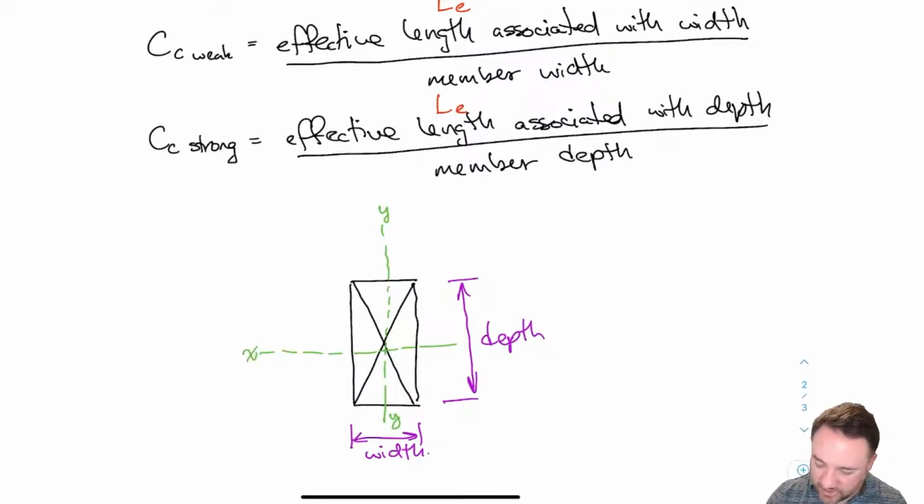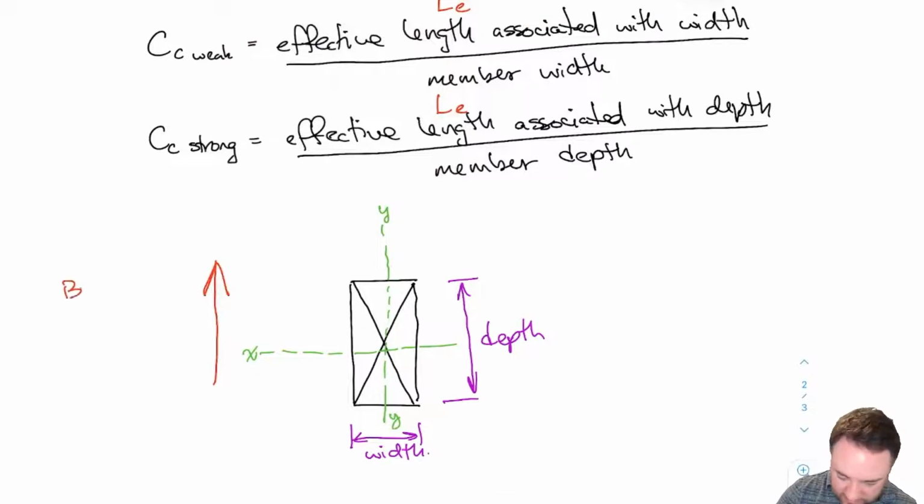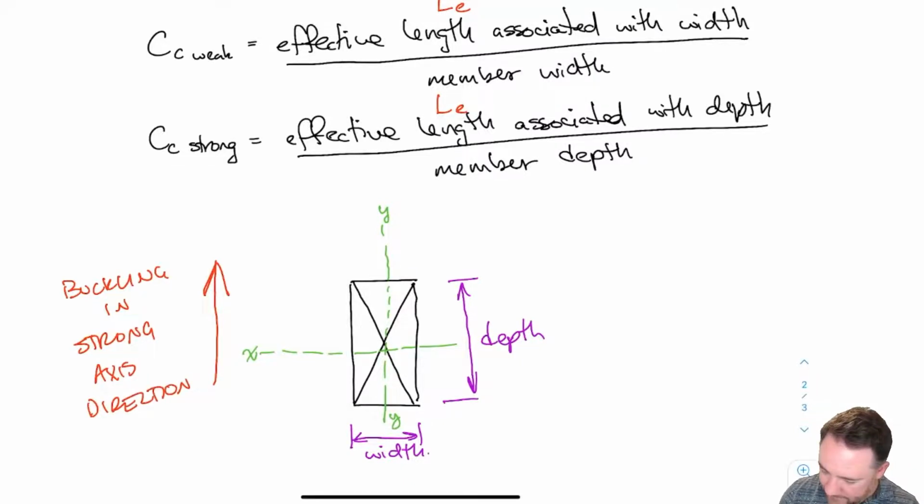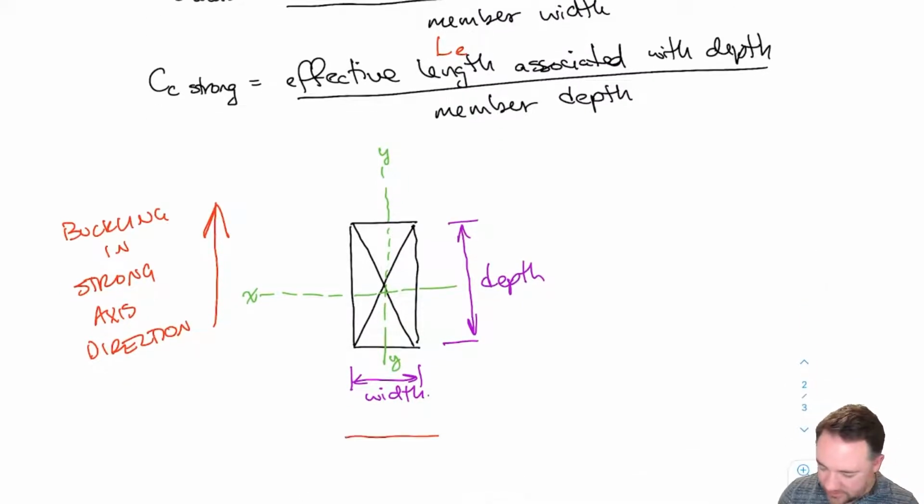Okay, so if I'm talking about which way this buckles, buckling in this direction I would call buckling in the strong axis direction. And then buckling in this direction, I would call buckling in the weak axis direction.